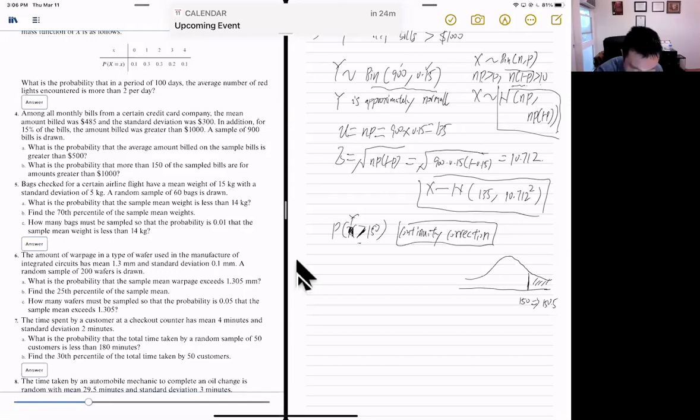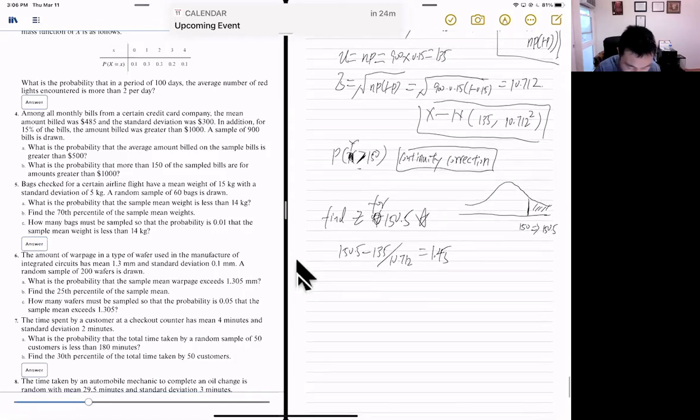Okay, so we need to find the z-score of 150.5. So z-score is 150.5 minus mean over sigma, so 1.45.